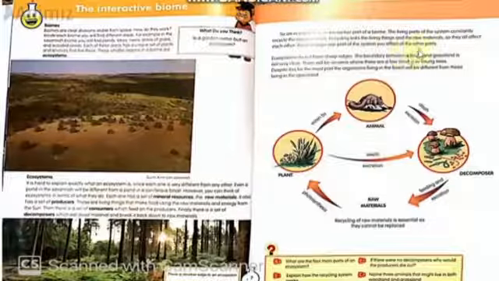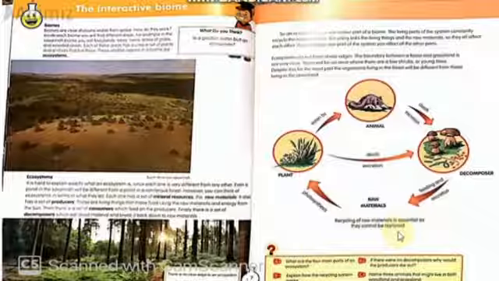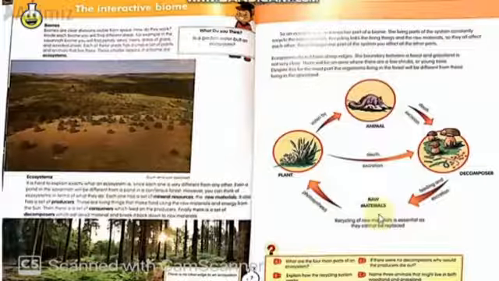So this is an example. Recycling of raw materials is essential as they cannot be replaced. Because raw materials cannot be replaced, they need to be recycled. Recycle means that they are used again. This cycle keeps on repeating.